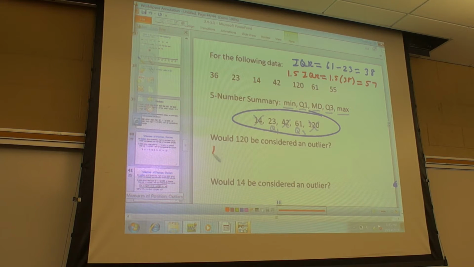My boundary, my lower limit for outliers, it's going to be Q1 minus what you just found.